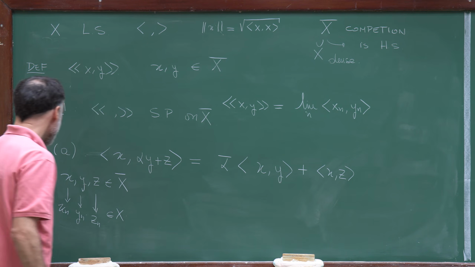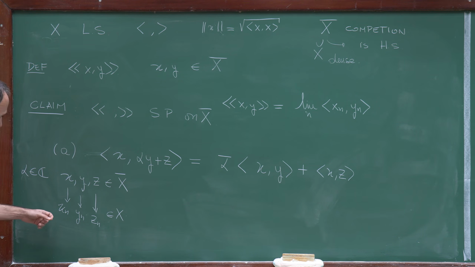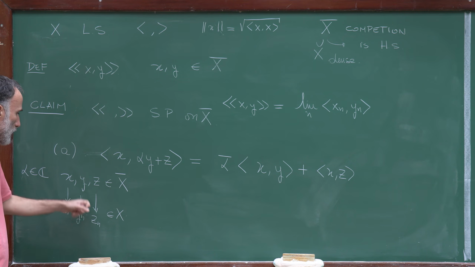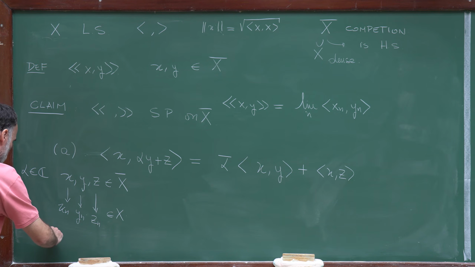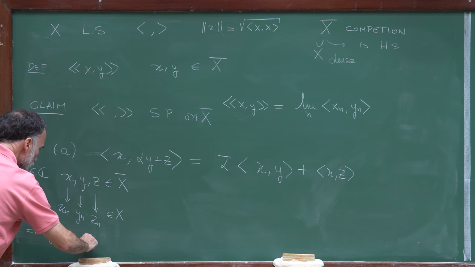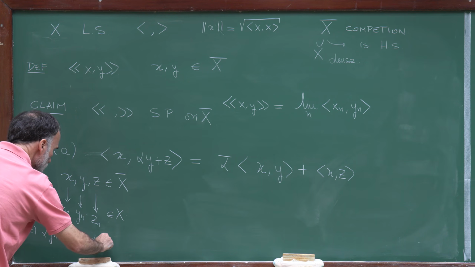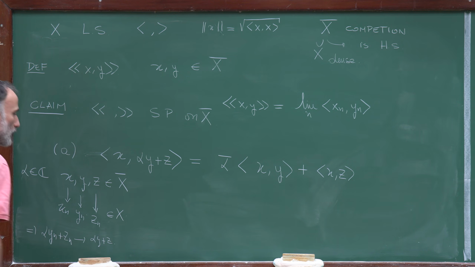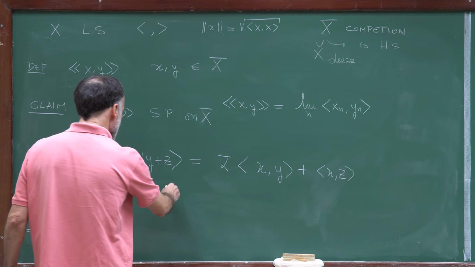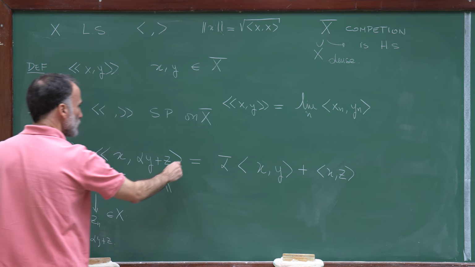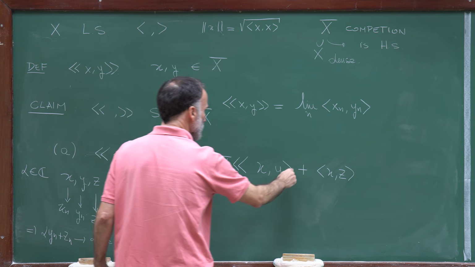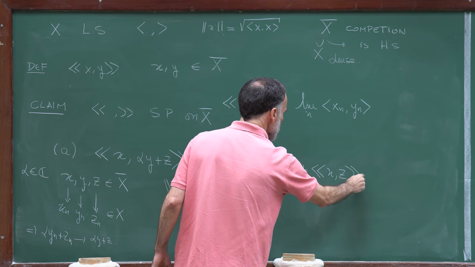We know that if yn is converging to y and zn is converging to z, then αyn + zn is converging to αy + z. And I'm sorry, I forgot that I'm using a different notation for this scalar product.